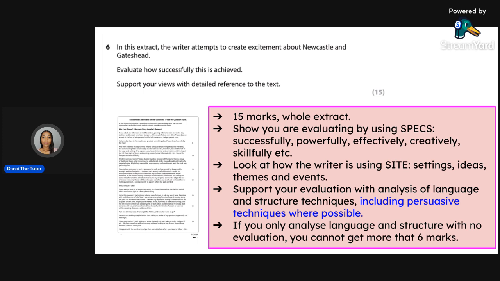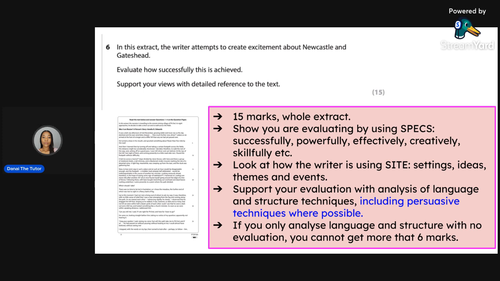So then you can look through and look at the way the writer has used settings or ideas, themes, or the events that occur in the text, and you would then consider how the writer has been effective in doing this.